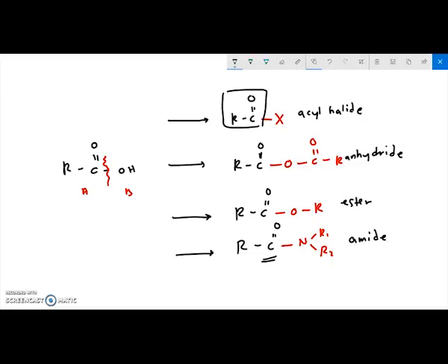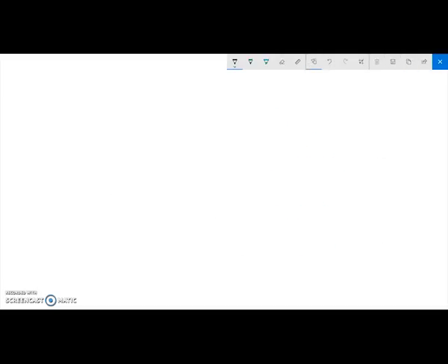Now let's take a look at the nomenclature. The name for a carboxylic acid derivative originates from the carboxylic acid itself. So basically, for any carboxylic acid compound, the name will end in oic acid.